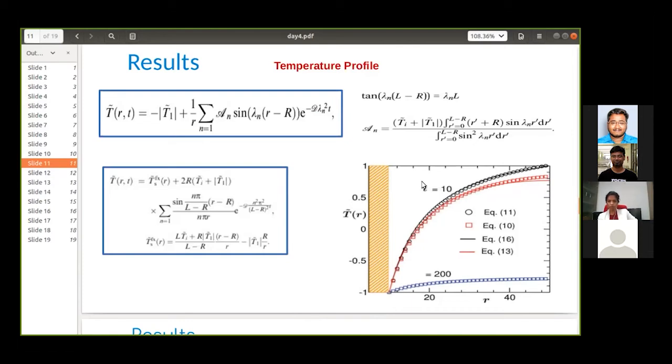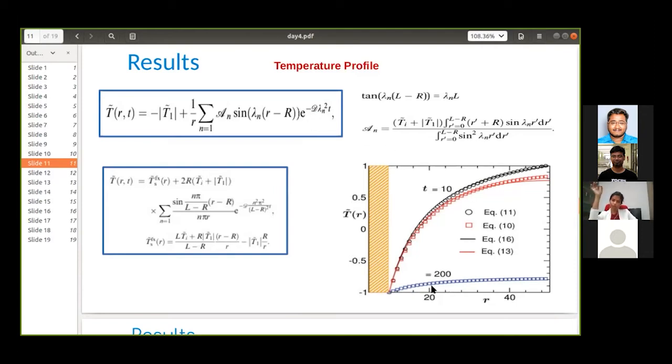Then as time progresses, you have this heat diffusion going on. And finally, you see at a very late time t equal to 200, everywhere in the fluid the temperature has reached a value which is almost close to the cap temperature -1. And this is exactly what is predicted by this analytical expression here. And that's what you captured in the computer simulation.